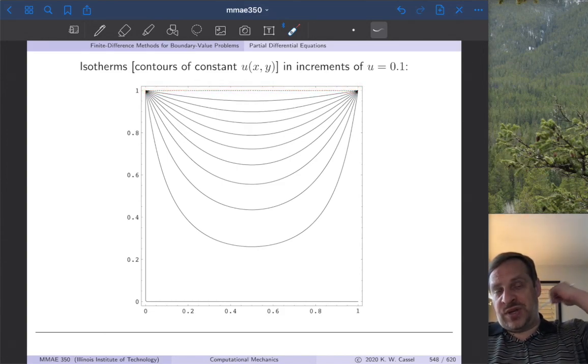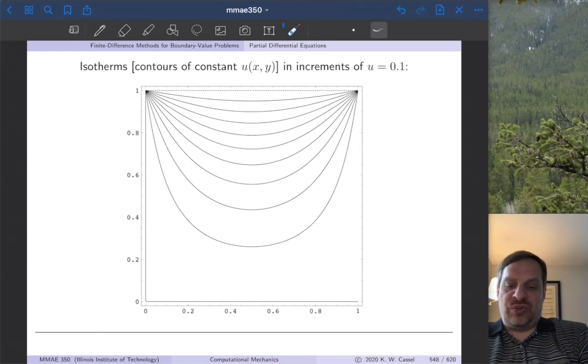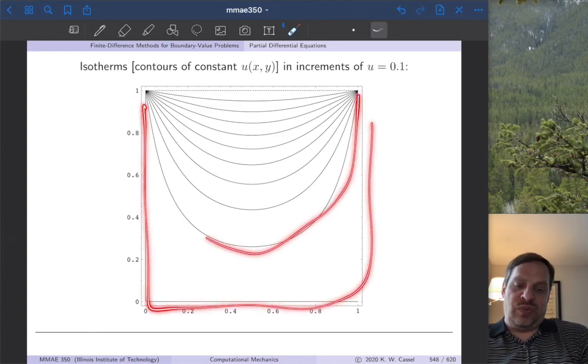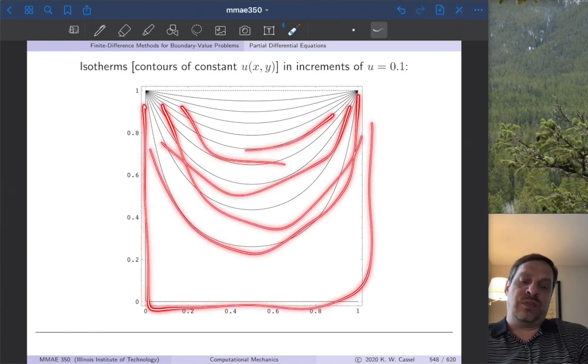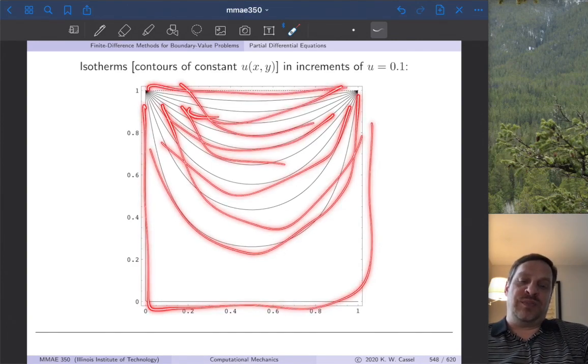If you plot the contours, these are contours in increments of 0.1, so this one is 0, 0.1, 0.2, 0.3, 0.4, 0.5, 0.6, 0.7, 0.8, 0.9, and 1 along the top. That would be a plot of the temperature. These are isotherms, so you get up to 1 along the top.